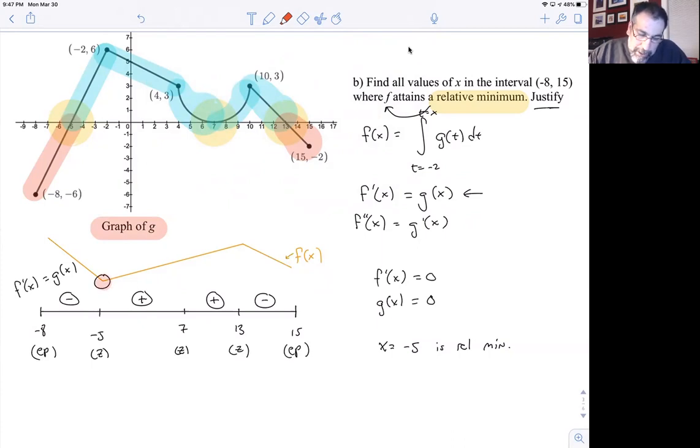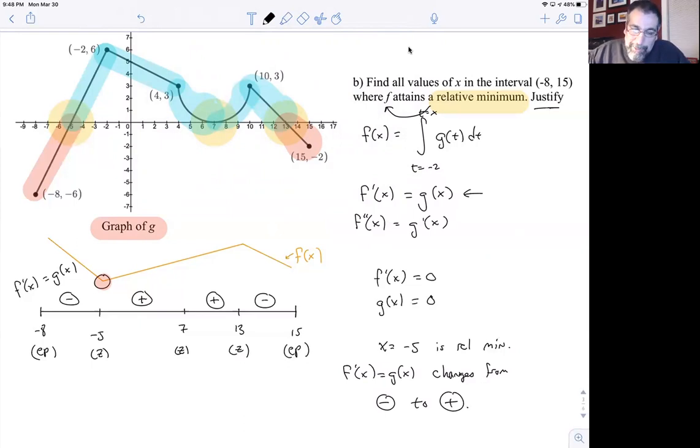What we know is that f prime of x, which is equal to g of x, changes from negative to positive. And that's our answer.